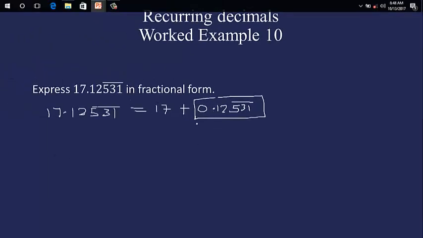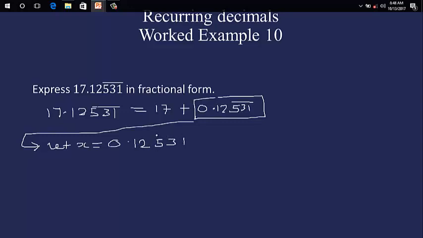So let's take this part now and deal with it. Let x be equal to 0.12531 recurring. Then if this one will be y, it means our y will be equal to 17 plus x, which is what we are looking for.